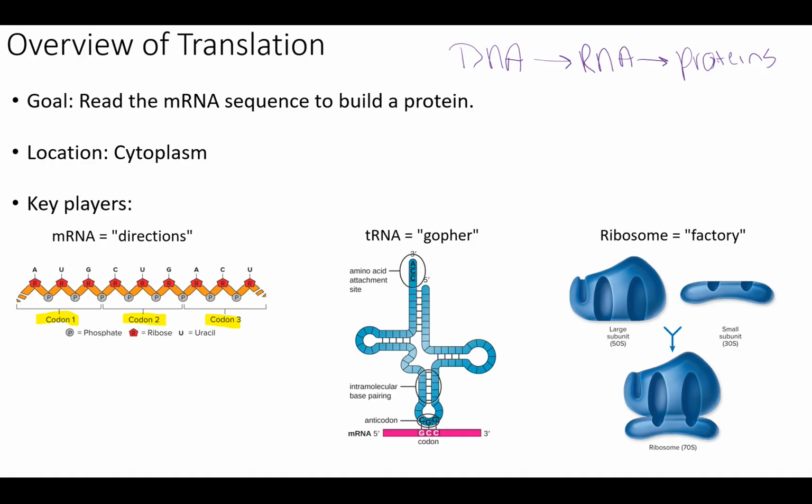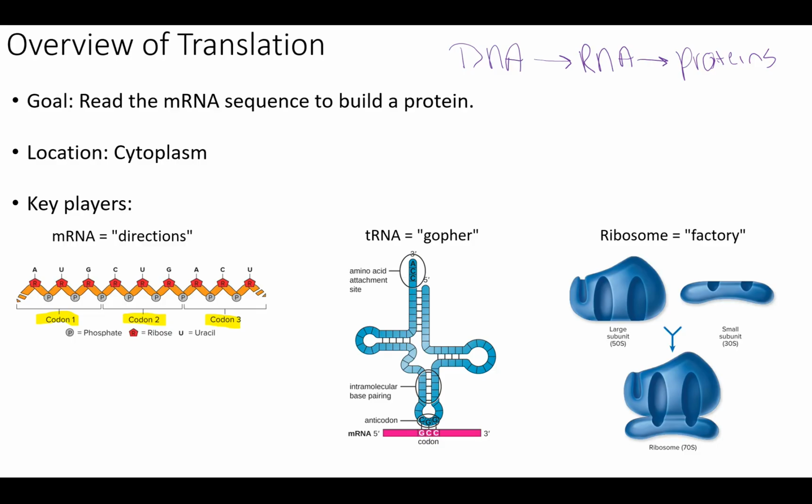But I do want to mention real quick, all living things, so all cells, prokaryotic, eukaryotic, they all have ribosomes because they all need to make proteins. Proteins are essential for life. But the prokaryotic ribosome and the eukaryotic ribosome are not the exact same thing. They are slightly different.